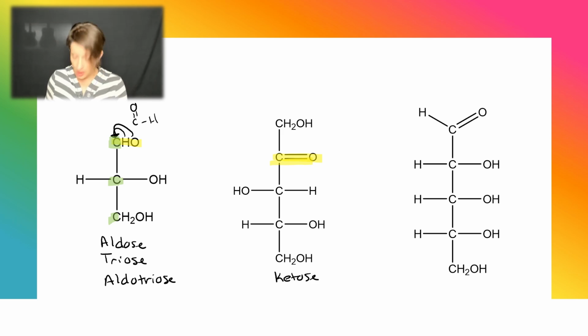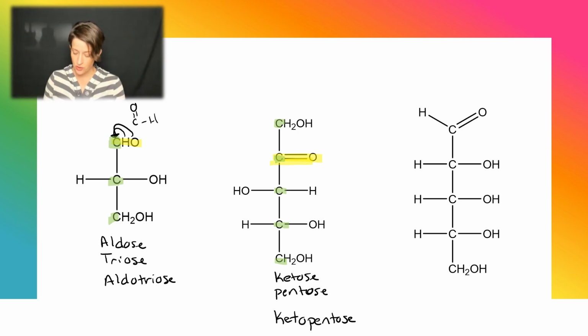Counting how many carbons we have, 1, 2, 3, 4, 5. This would then be a pentose. Now we want to combine the two names together. The carbonyl identifier goes first. So keto, pentose.